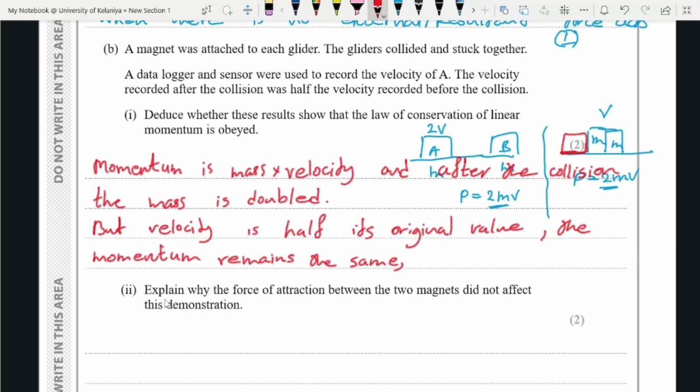So the law is obeyed. Keep in mind that when they have mentioned 2 marks, you have to write 2 points. So 1 mark for this one and the other mark for this one.